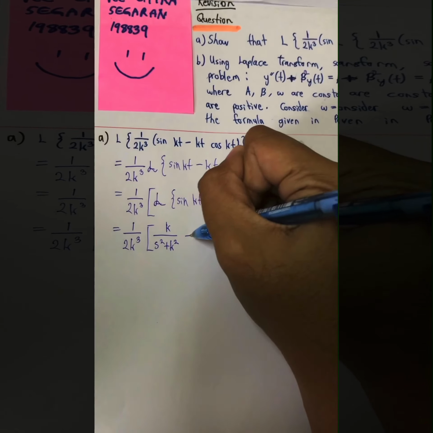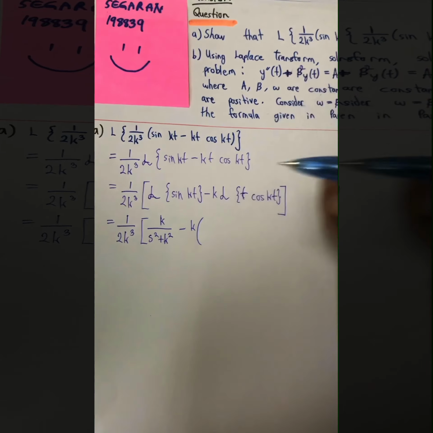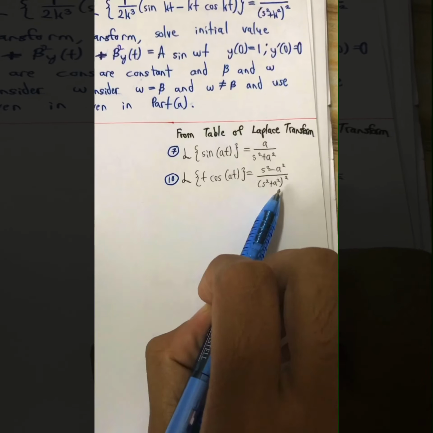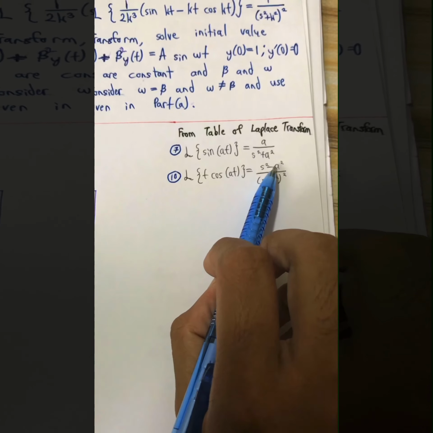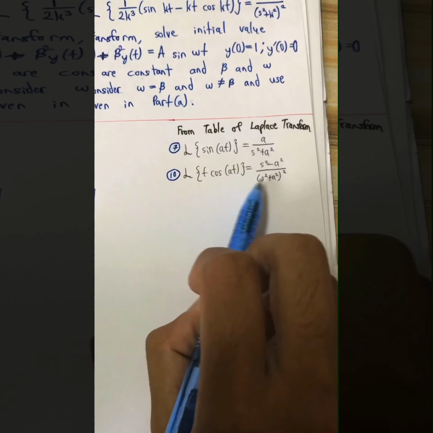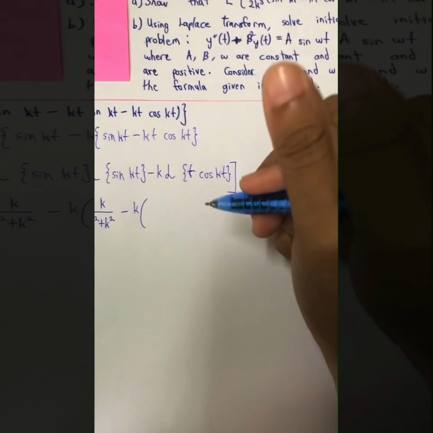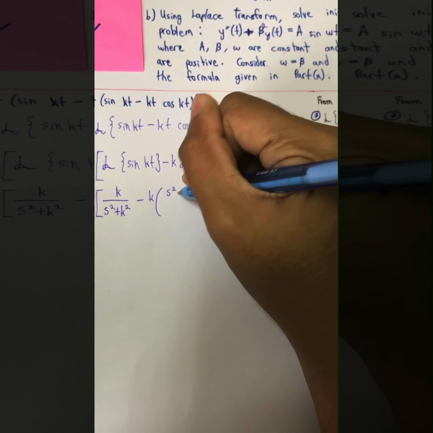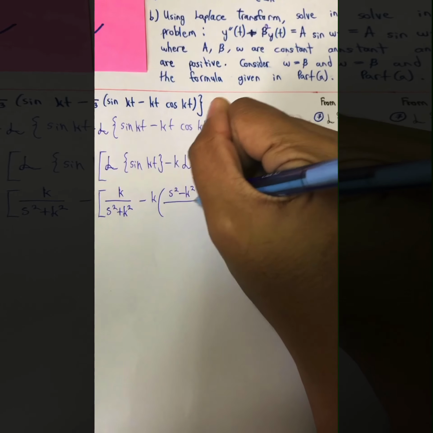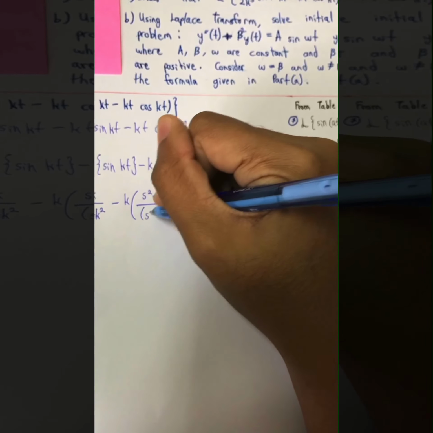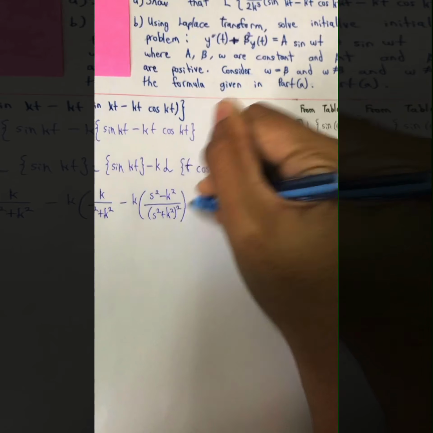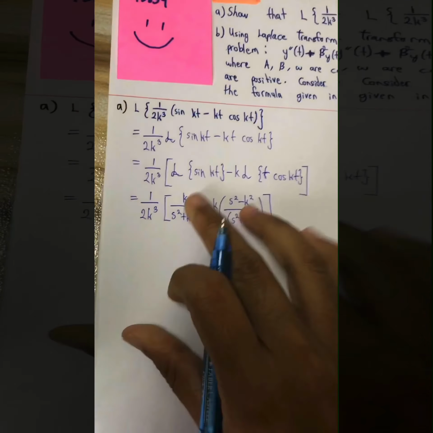And then the second one is k times the Laplace transform of t cos kt, which from the table we get (s square minus k square) over (s square plus k square) to the power of 2. Okay, so we just solve this.